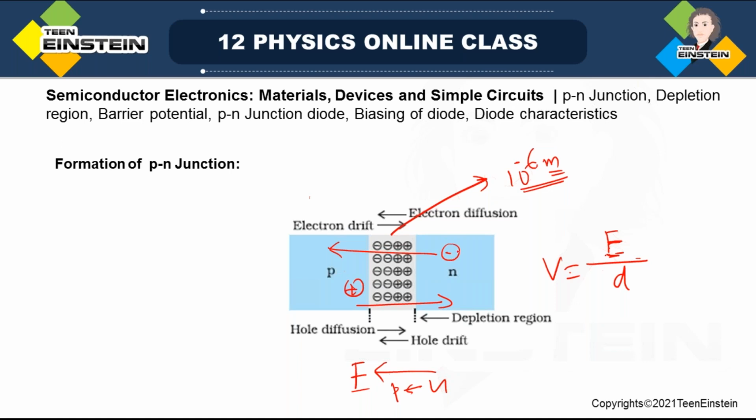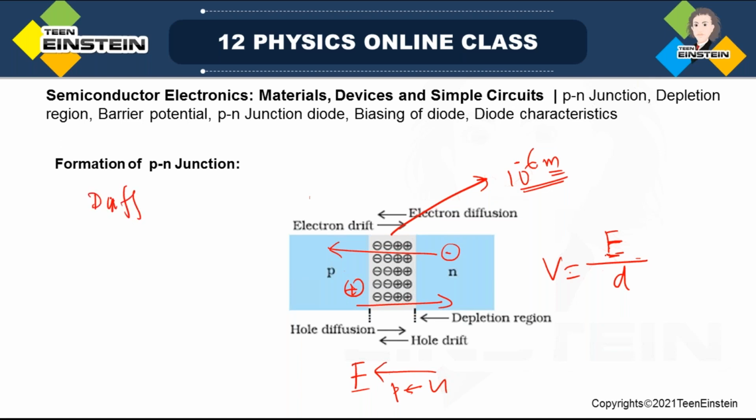Therefore, by the motion of the charge carriers, a current is created, called the diffusion current.